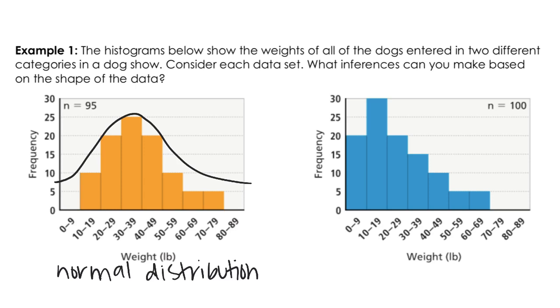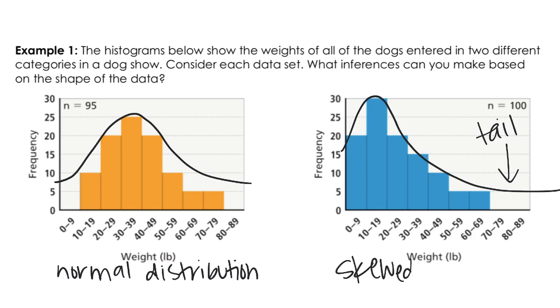On the second one, if I draw what's happening here, I can really see that that tail is happening on that right side. So for that blue one, we would say we have a skewed right. So it wanted us to make some assumptions about these two different categories of dogs. So looking at that first one, it looks like we have anywhere from 10-pound dogs to 80-pound dogs.